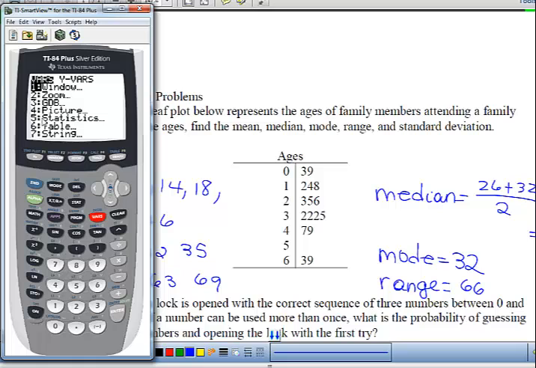Number 5 has all of the statistics stuff stored there. So I'm going to select that. And then everything that we just did is stored in one of these variables. So the variable that I want right now is Sx, number 3. I'm going to square that, and that gives me my variance. So that's how we could get it. It's a matter of knowing the calculator as well.